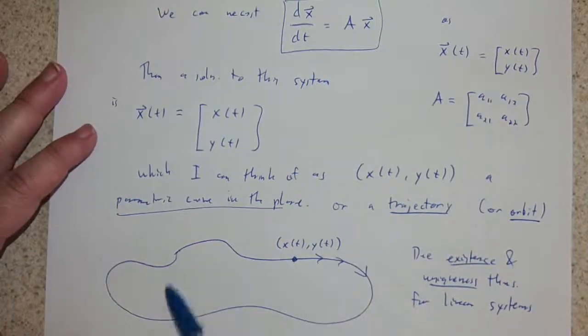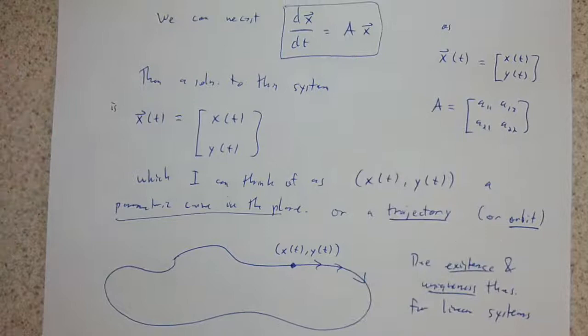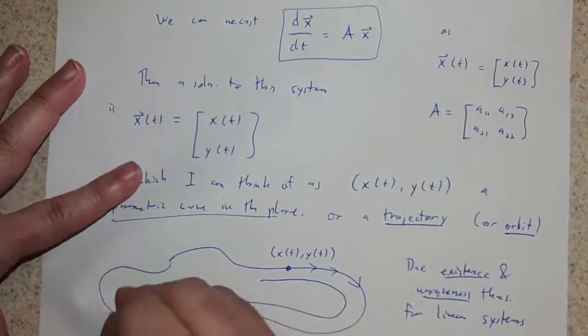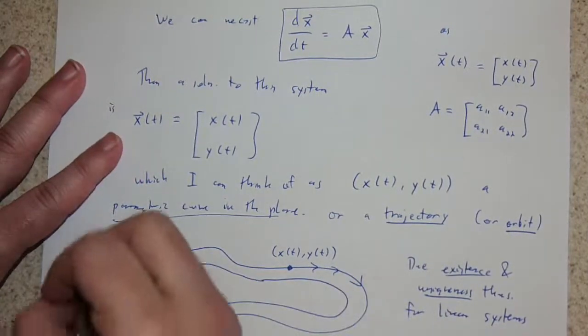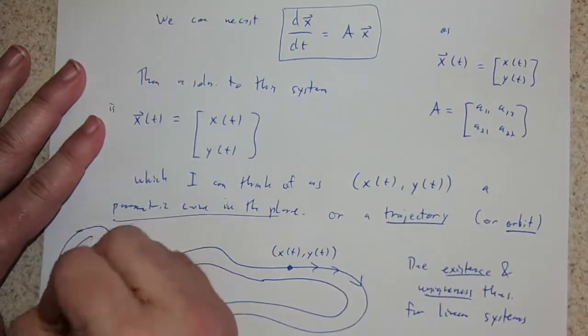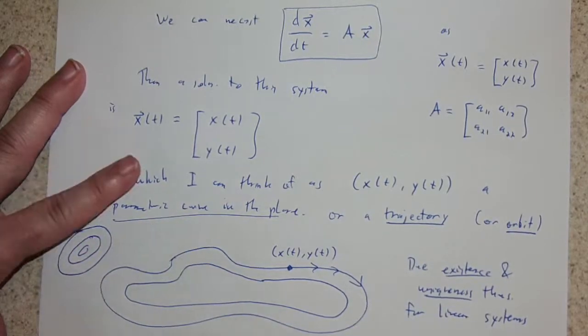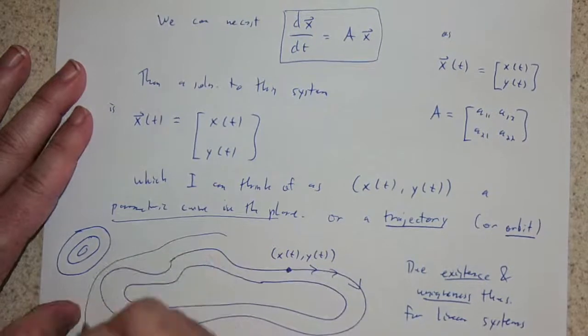How many trajectories are associated with a linear system? Typically, infinitely many. Maybe this is what they look like, here's another one, and here's a few more.